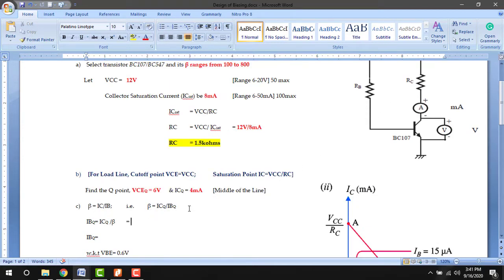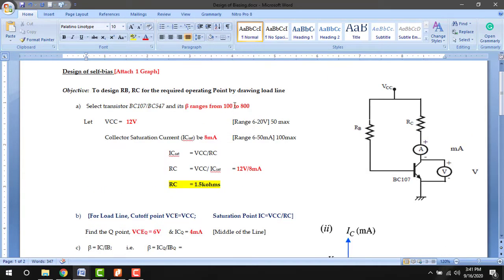Next I am going to calculate the beta value. Beta value we already know: beta is equal to IC divided by IB. Here ICQ will be 4 milliamps and we are going to calculate the IBQ. IBQ is equal to ICQ divided by beta. ICQ is equal to 4 milliamps. In the calculator, we have to type 4 into 10 power minus 3, divided by the beta value.